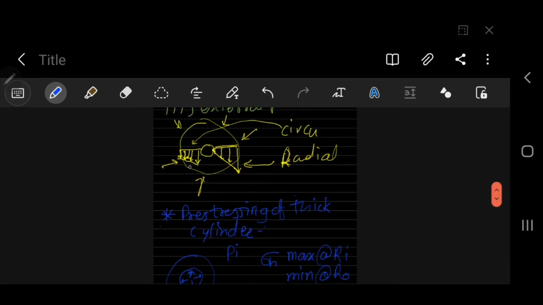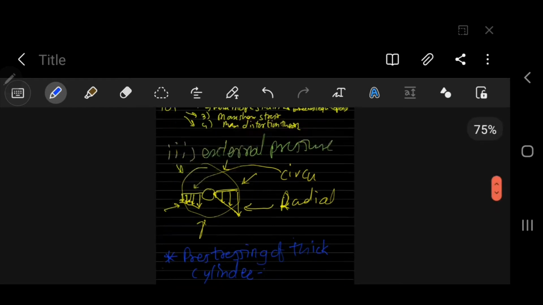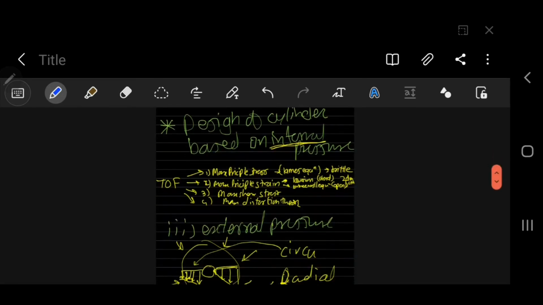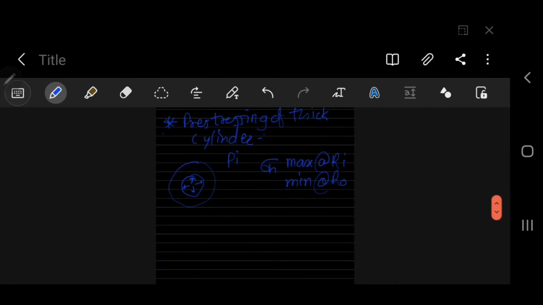We can also see it here, this is the case of external pressure. For internal pressure, the magnitude of circumferential stress is maximum at inside and minimum at outside.